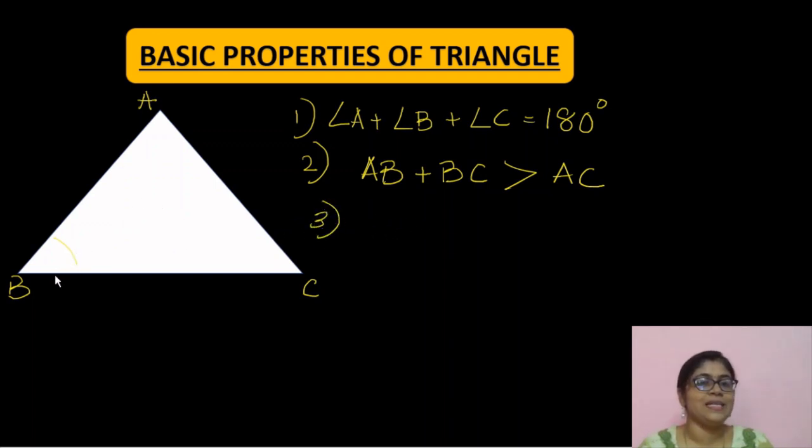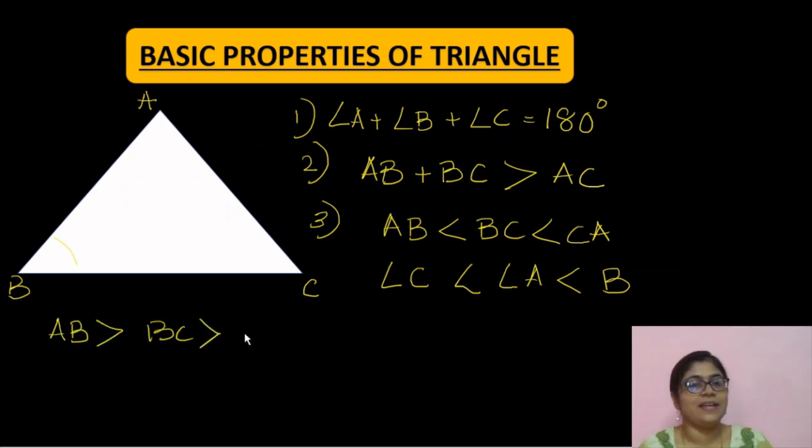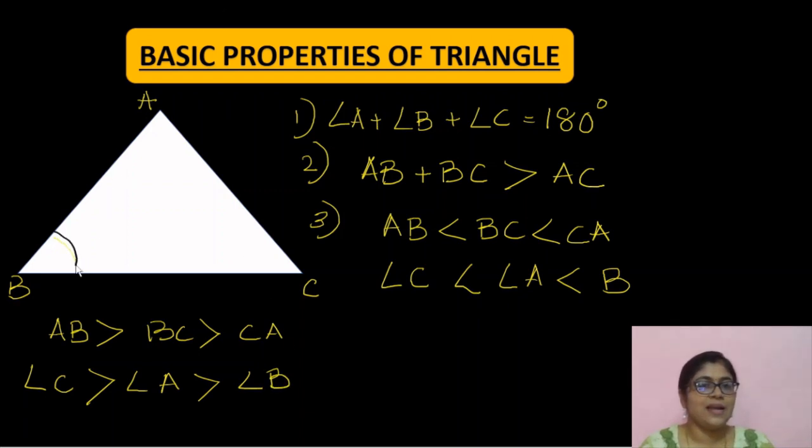The next property is: if AB is less than BC, which is less than CA, then for the opposite angles, the opposite angle of AB is angle C, so we can say angle C is less than angle A, which is less than angle B. Similarly, if AB is greater than BC, which is greater than CA, then angle C is greater than angle A, which is greater than angle B. And you know, these are the interior angles of the triangle.